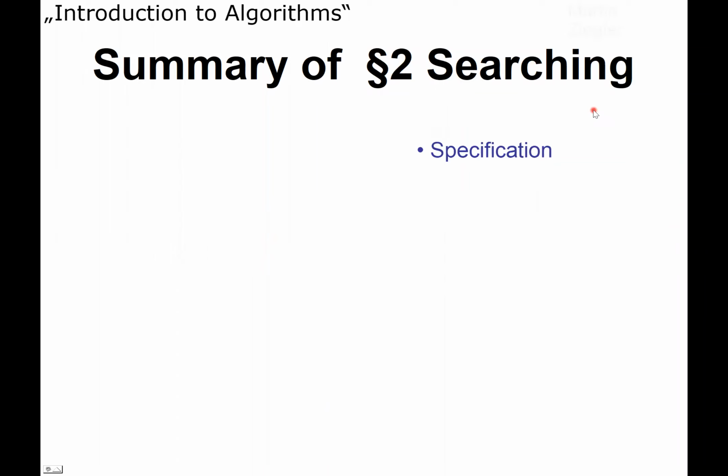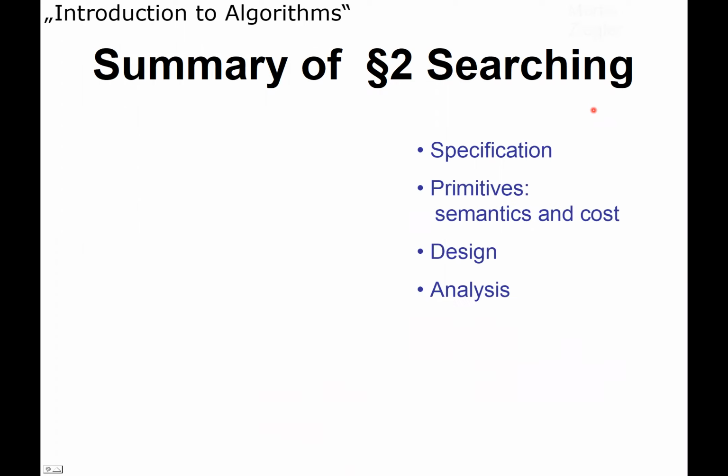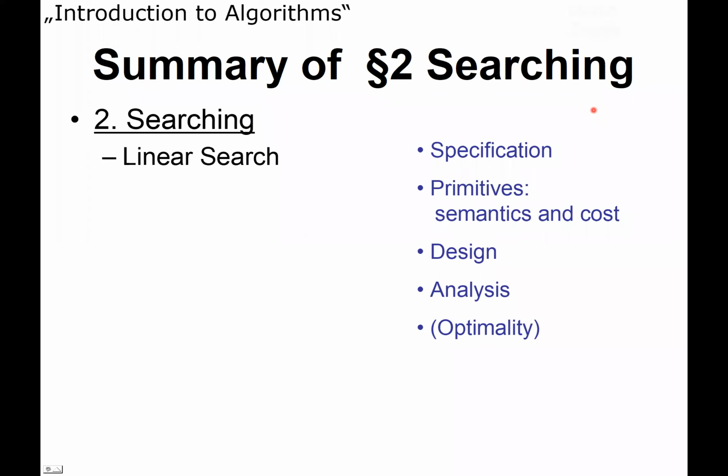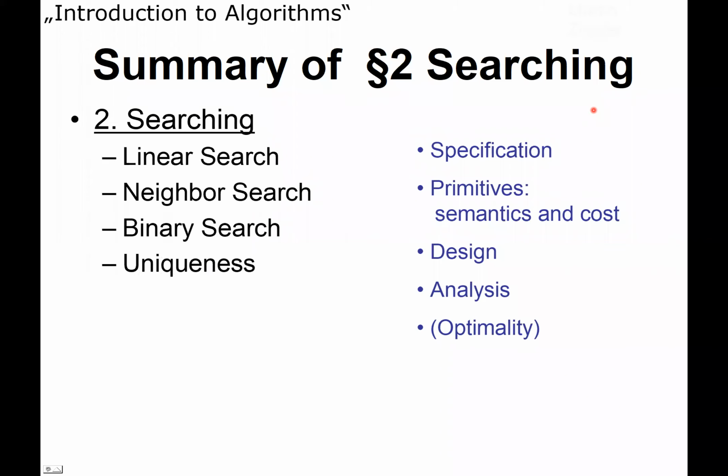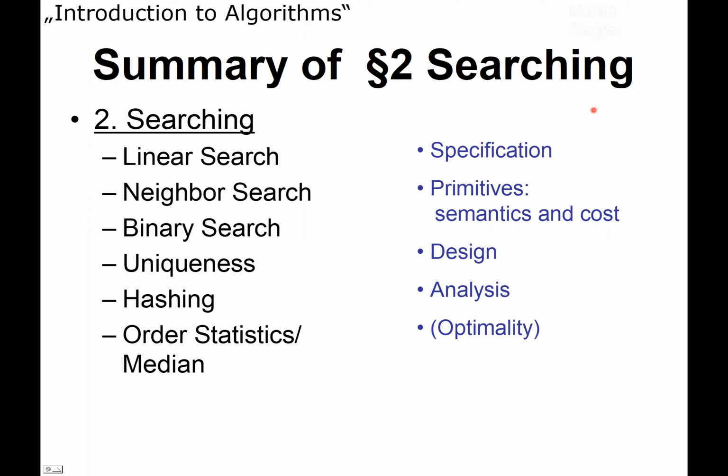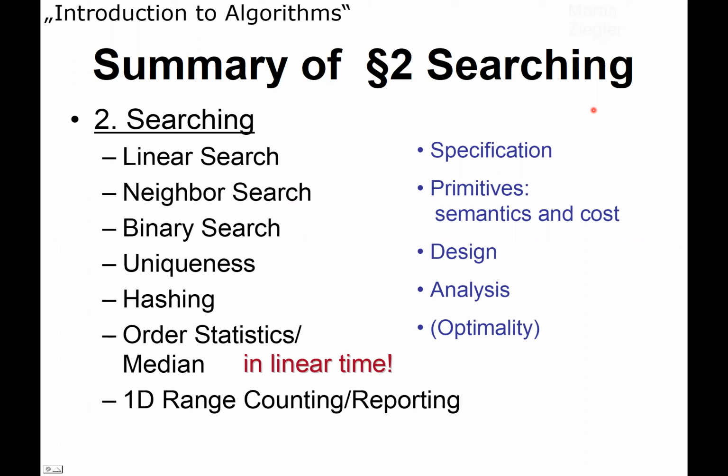In chapter 2, we emphasized and applied our virtues of computer science: specification, primitives with semantics and cost, design and analysis of algorithms, and proof of optimality for searching problems: linear search, neighbor search, binary search, uniqueness problem, hashing-based algorithms, and median, as well as the generalization to statistics calculation in linear time.